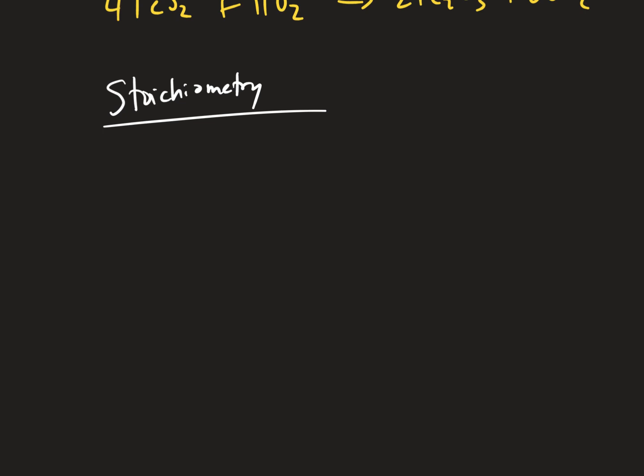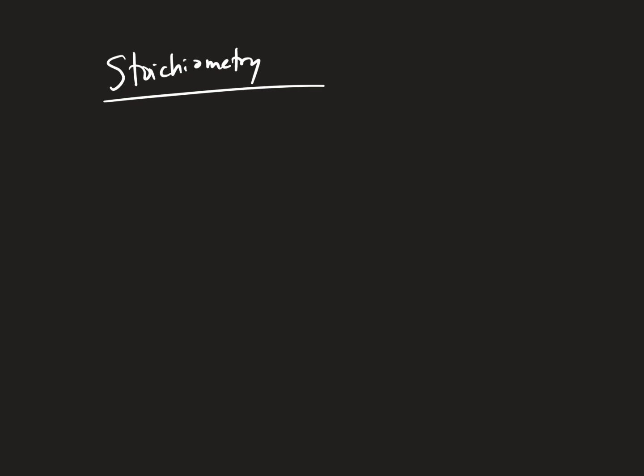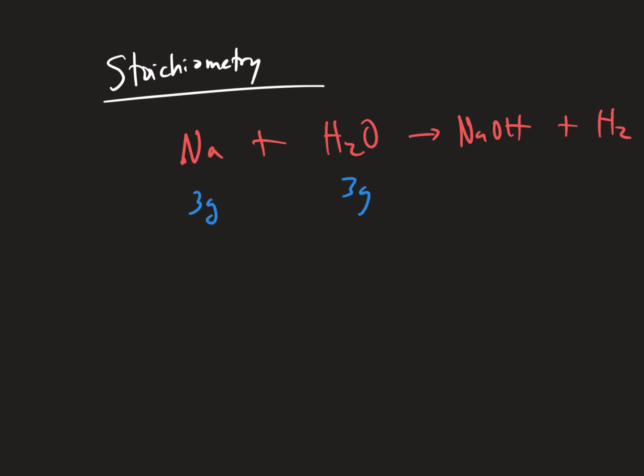Okay. So let's say we have sodium plus water gives us sodium hydroxide and hydrogen gas. Let's say we have 3 grams of this and 3 grams of that. And we want to know how many grams of H2 are we going to make? That's our question. Okay? What's our first step?